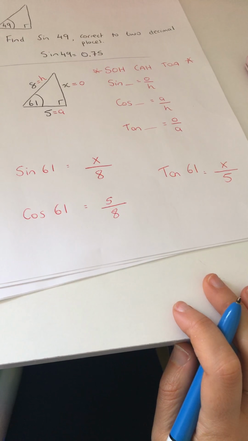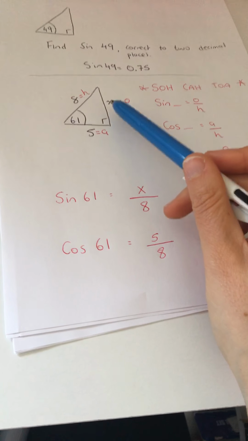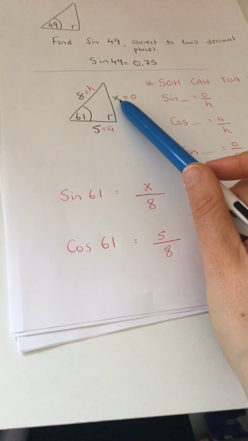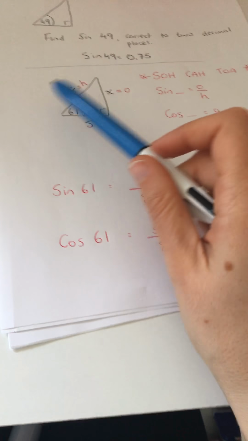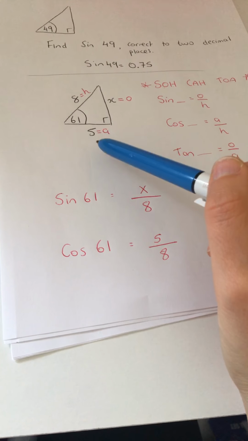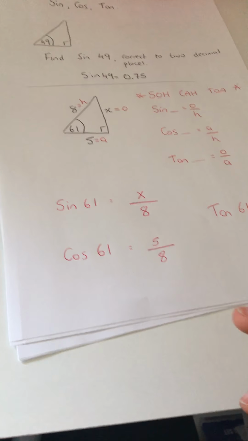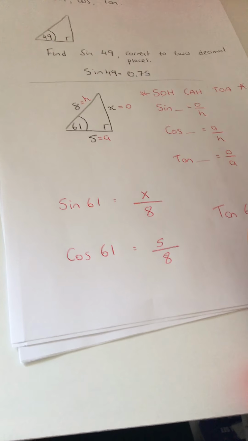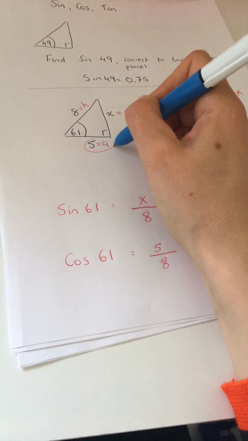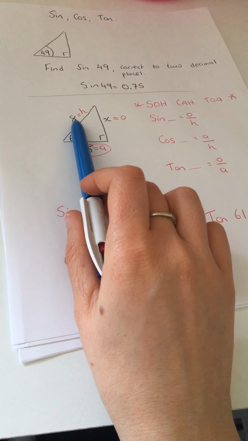Okay. Now, one other thing they could ask is you to find X. Now, in this situation, you could use your theorem of Pythagoras, no problem. Fill in your H squared, fill in your 5 squared, and so on. But I'm going to show you how to do it if we did not have this guy here. Okay, we only knew one side.